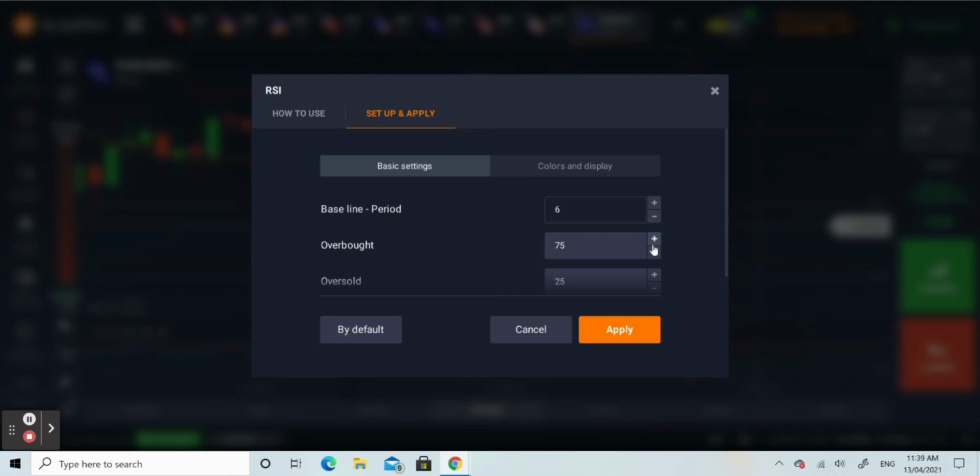The default for this is usually 70. When you set the number higher, that means the line is going higher, so it increases the probability of the market going in the opposite direction.